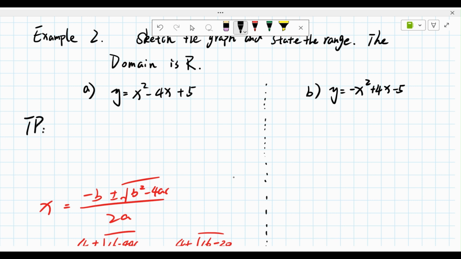So TP representing turning points, which is x equal to negative b over 2a. So b minus 2a is divided by 2a.